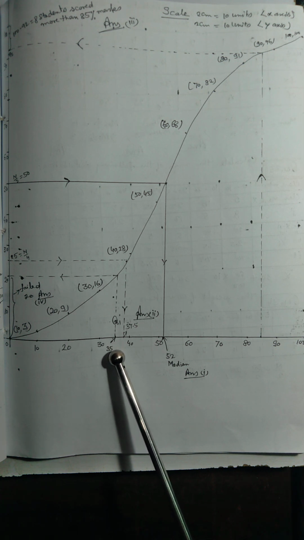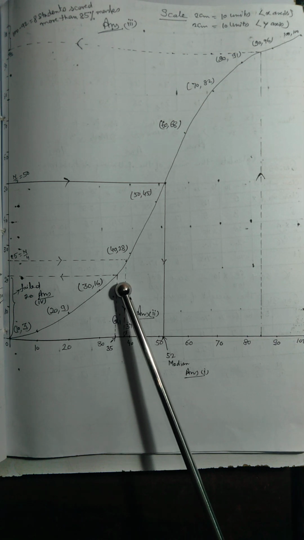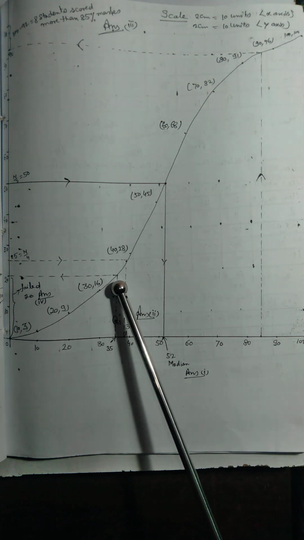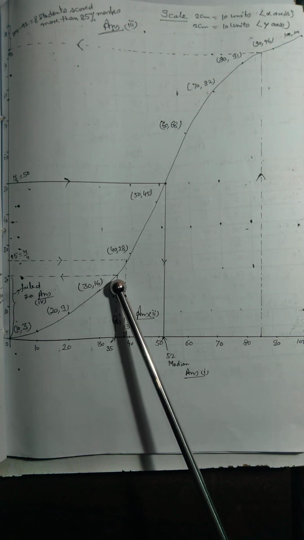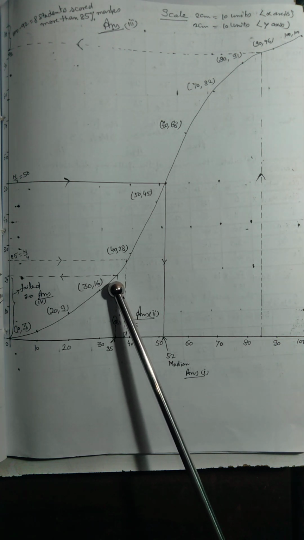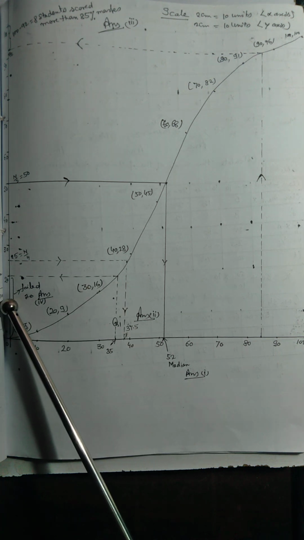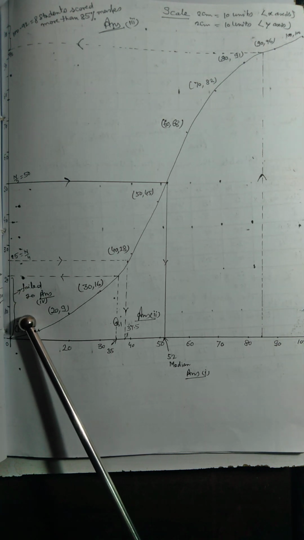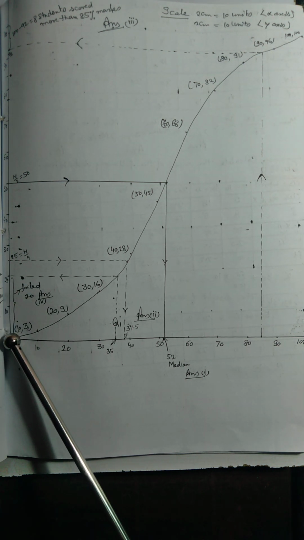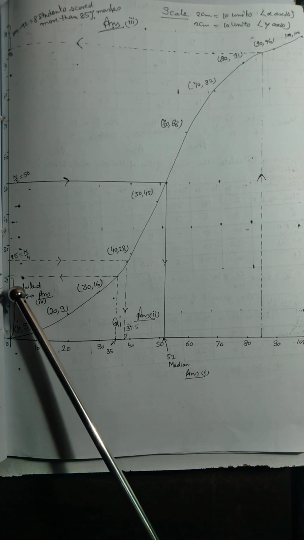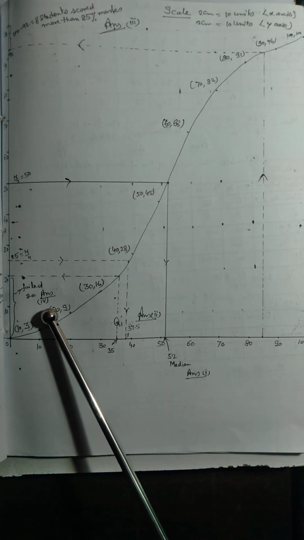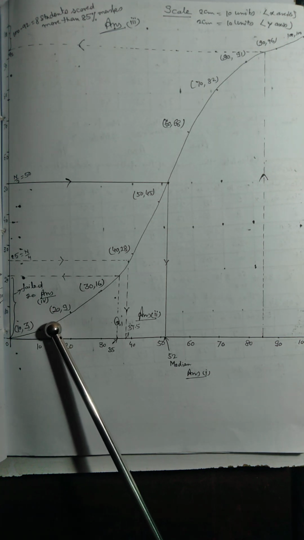From here we draw a line parallel to the y-axis which intersects the ogive curve, and from the point of intersection we draw a line parallel to the x-axis which intersects the y-axis at 20. So the number of students from 0 to 35 means 20 students failed. 20 is the answer for the failed students.